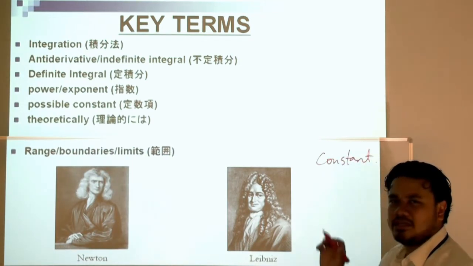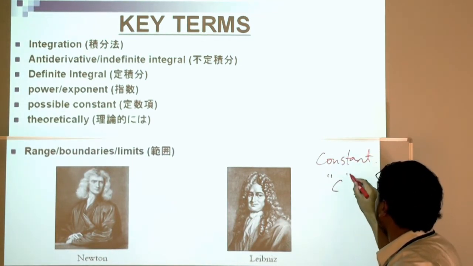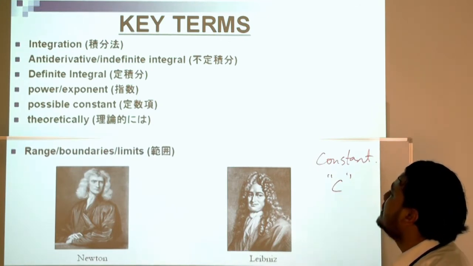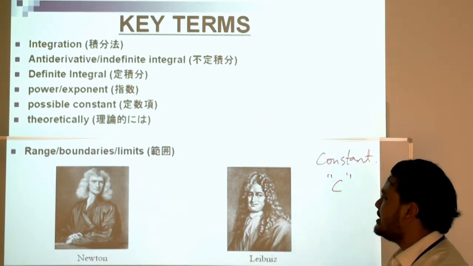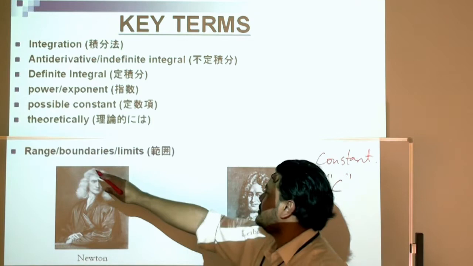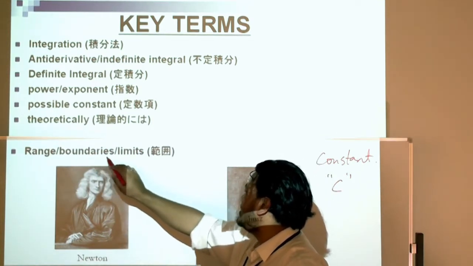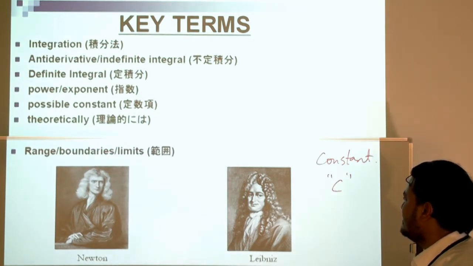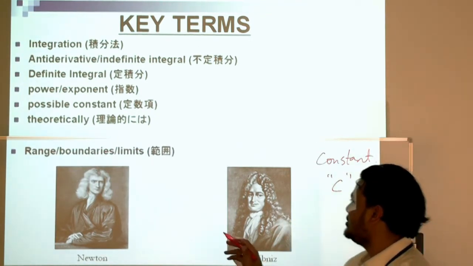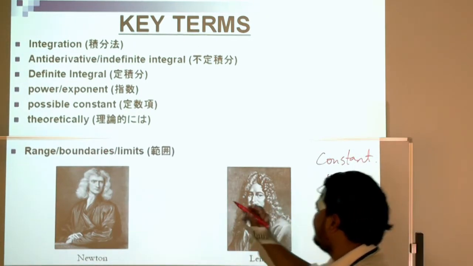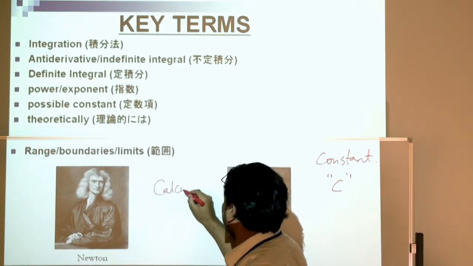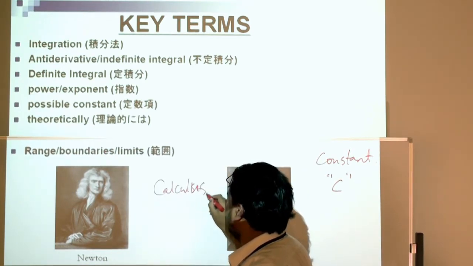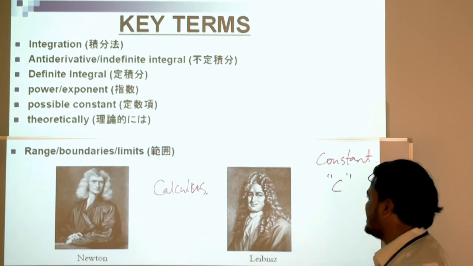Constants in maths are usually denoted by C, the letter C. Theoretically, what does theoretically mean? And range, sometimes called boundaries or limits. And here are some instrumental mathematicians who helped with the discovery of calculus, Newton and Leibniz.